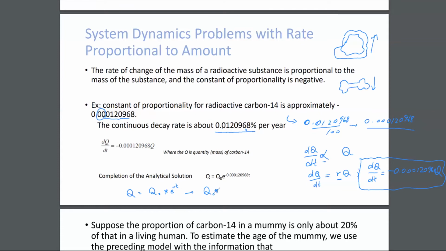And so you multiply that by e to the power R, which is this value right here, and then the T. So if I know the initial value, I can calculate this for any T, right? So that is the good part. So then I know how much it will be in 10 years' time, how much it should be in 20 years' time. So I can calculate like that.